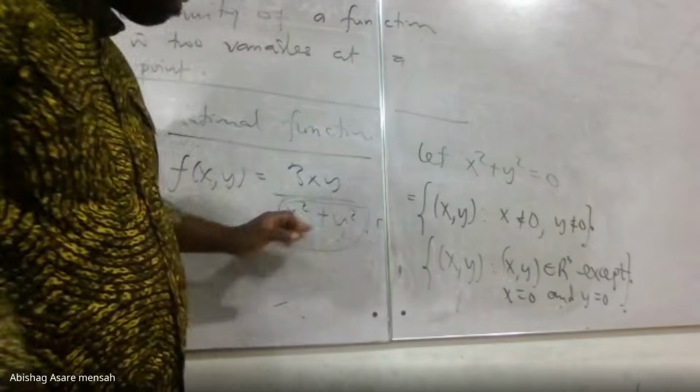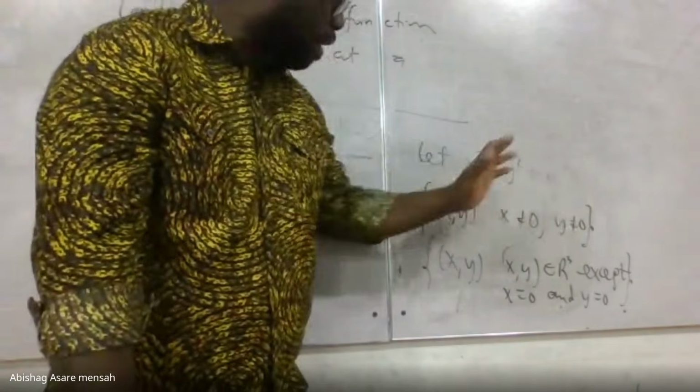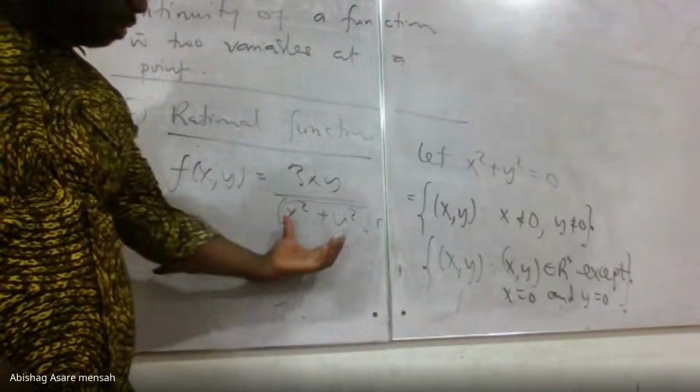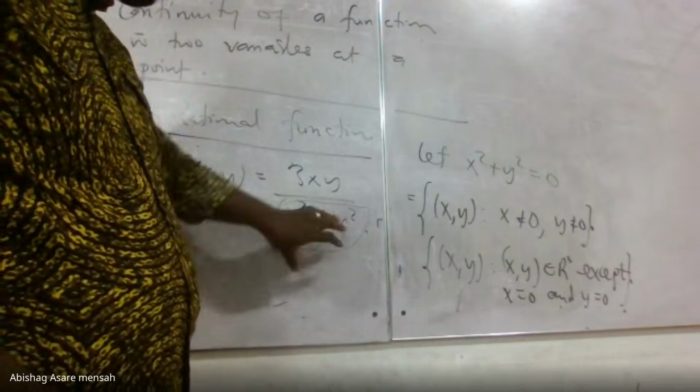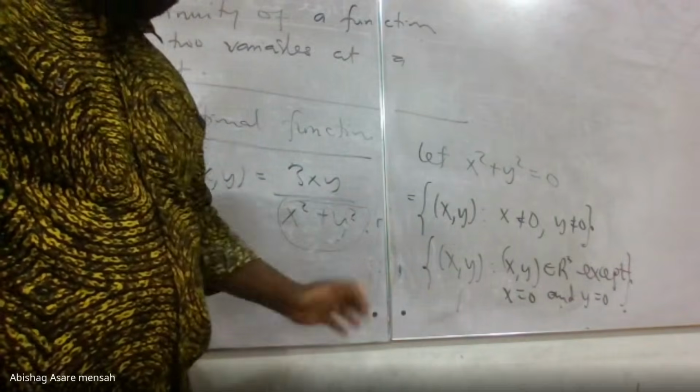Yes, you avoid this part being 0. We should avoid the denominator being 0. So we look for numbers that will make this part 0 and avoid them.